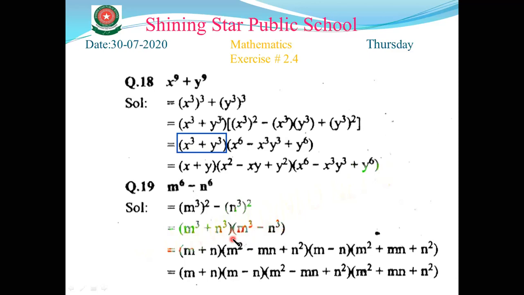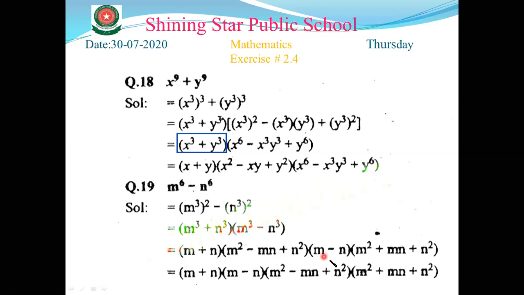Now we have to open the formula of a cube plus b cube. We know that a cube plus b cube is equal to a plus b, a square minus ab plus b square. Here a is m and b is n.